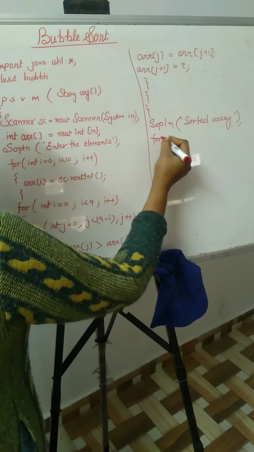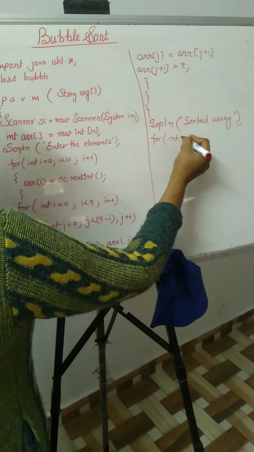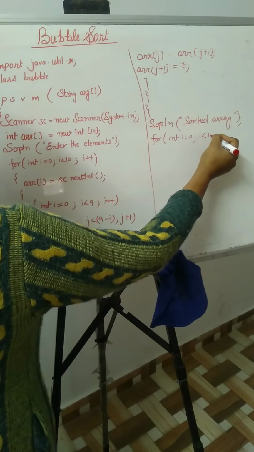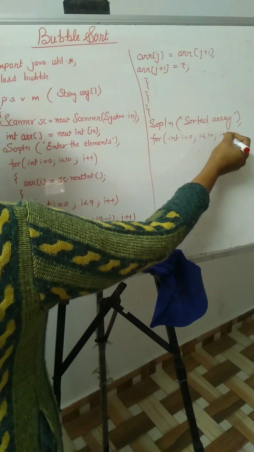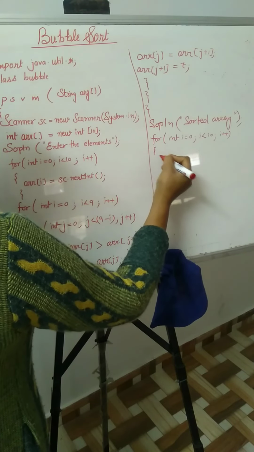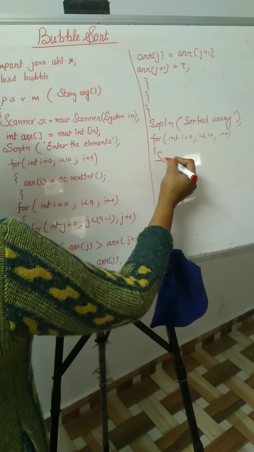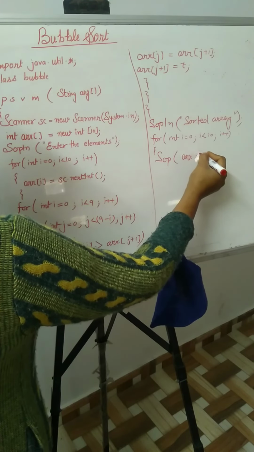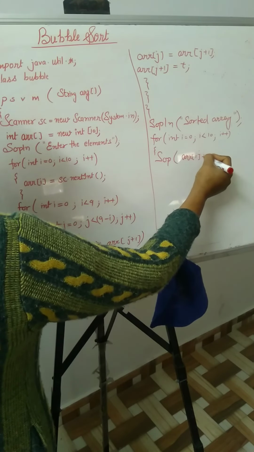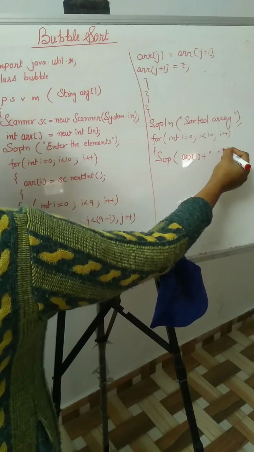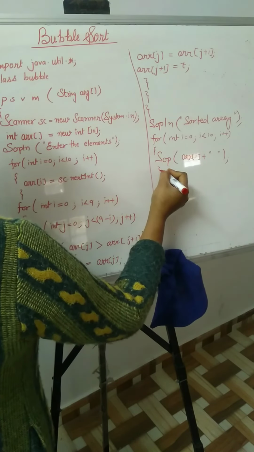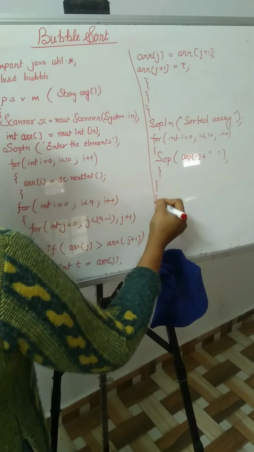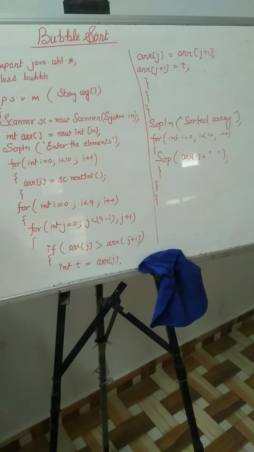Then start a loop again: int i equals 0, i less than 10, i++, and here you print SOP array of i, then take some space. After this, close the for loop, close the method and close the class.